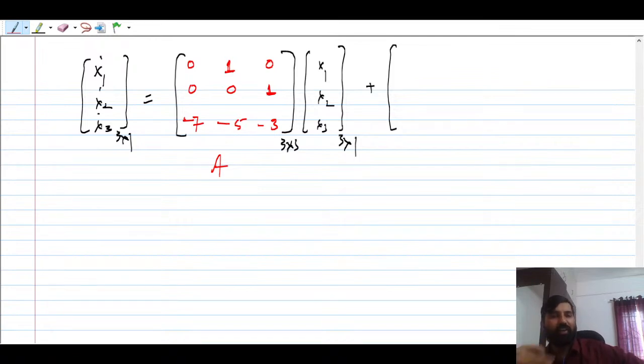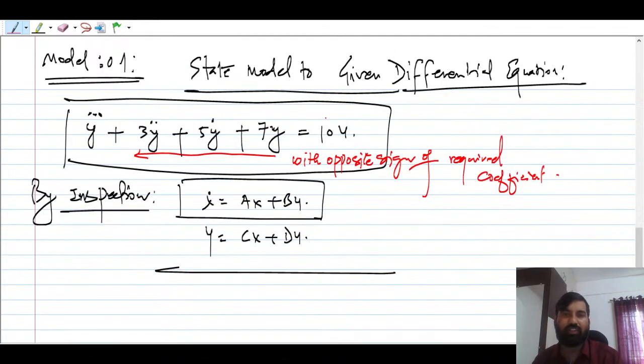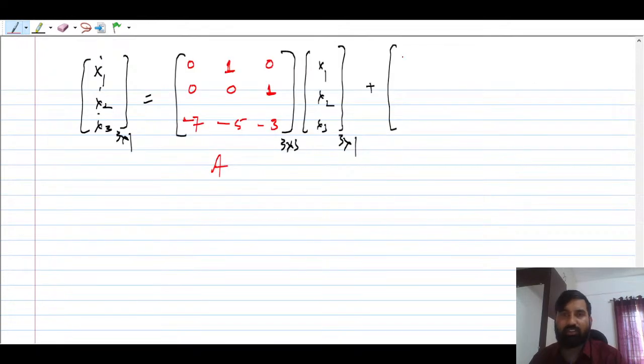How do we get this state matrix? I have told you the concept, right? So please remember. So this is going to be the A matrix. Now what is going to be the B matrix? You see here there is 10. What is the coefficient of this? There is 10 only, so you can say this is going to be 0 0 10, right? 0 0 10, and you just write u vector.